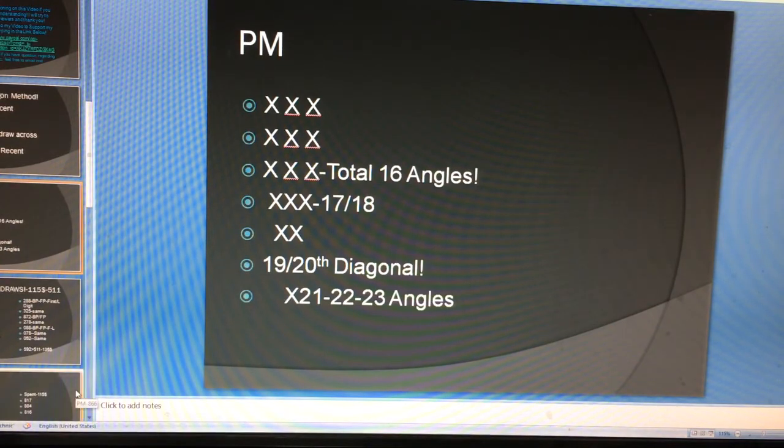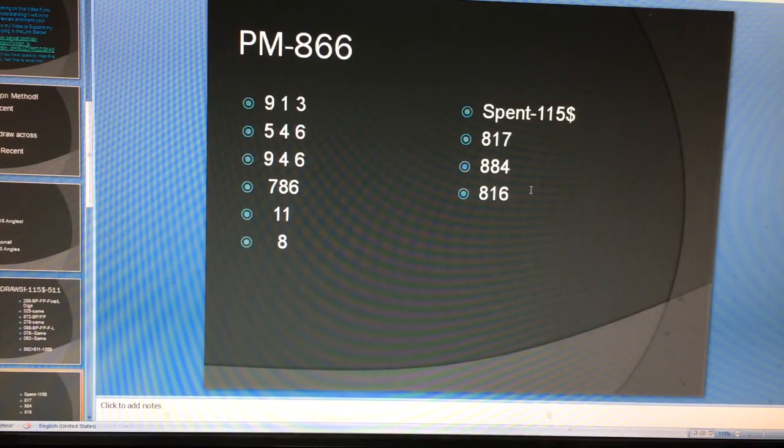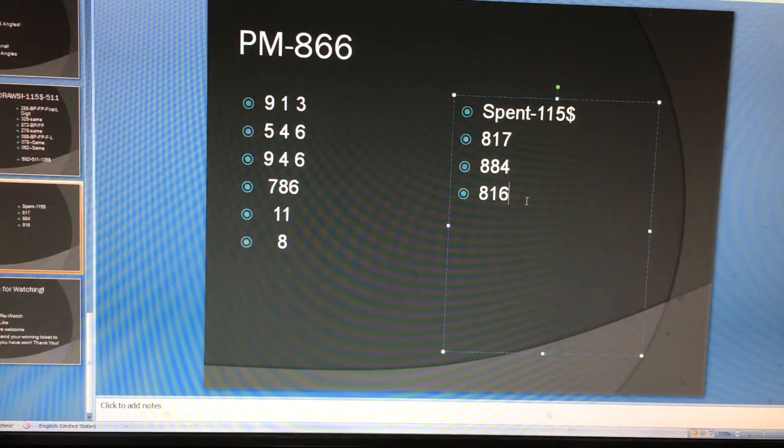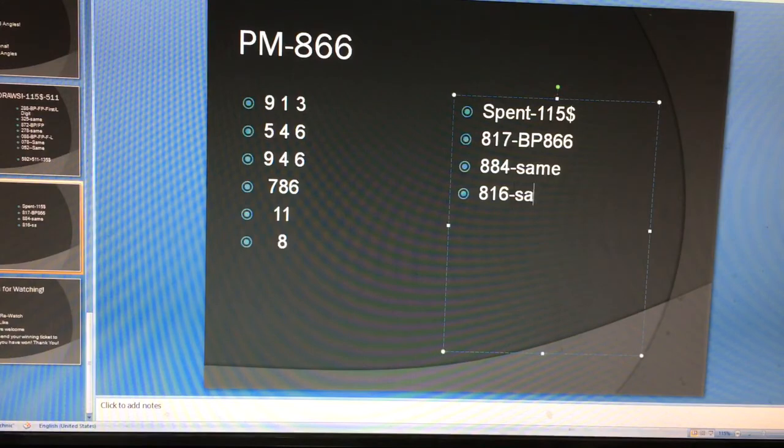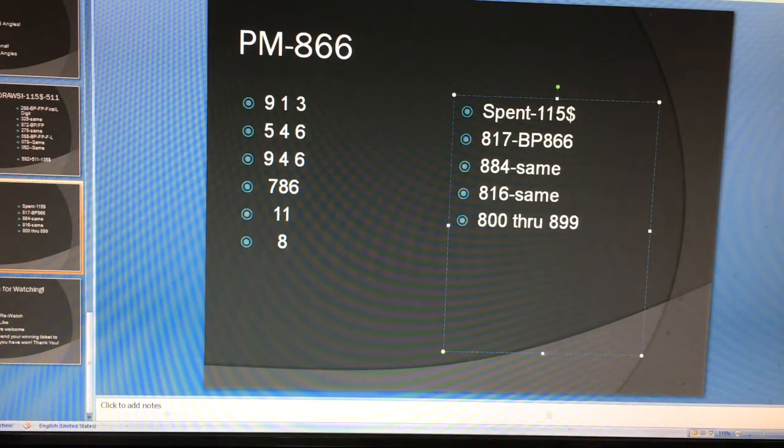So let's see how much you win. And all these are changed to back pair 866. So that means you play 800 through 866, 899.